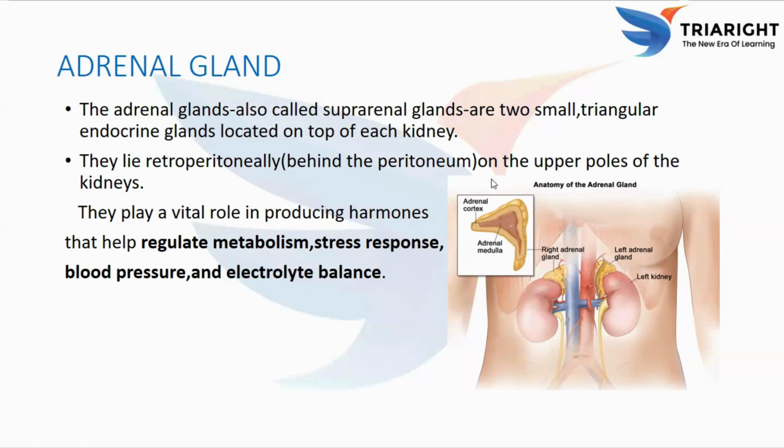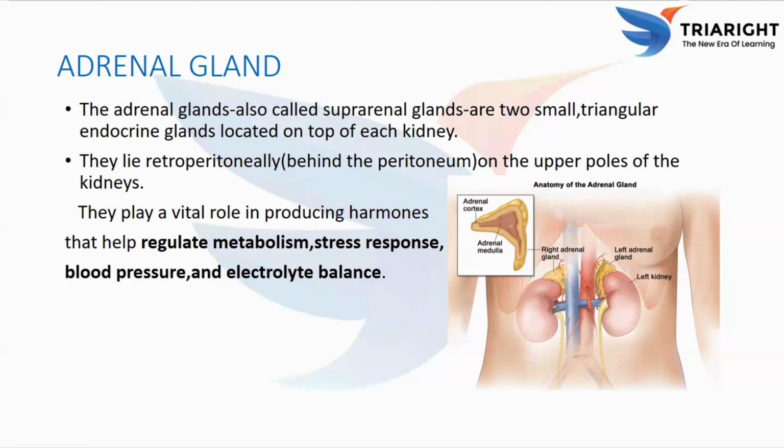The first, the outer zone called zona glomerulosa, secretes the aldosterone hormone. What are the functions of aldosterone? It controls sodium and potassium balance and regulates the blood pressure.